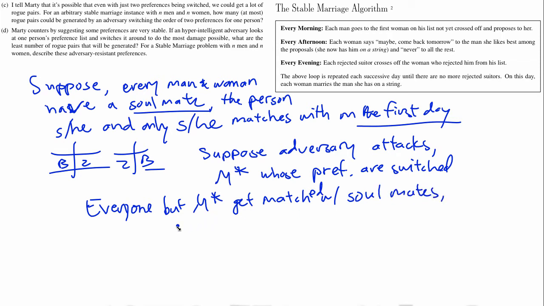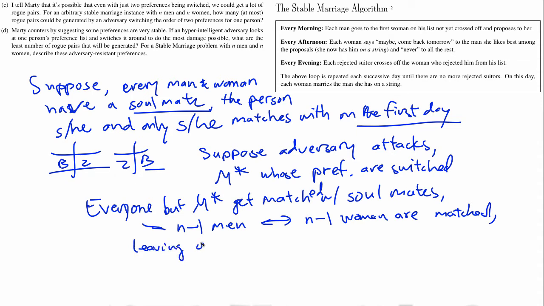And since there are n-1 men matched with soulmates, n-1 women are matched, which leaves out woman W star. So M star and W star get matched on day 2.